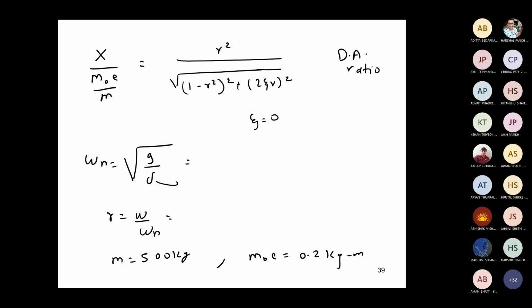Delta static is 60 mm, so 0.06 meter. You have R. Omega is how much? 2000 RPM into 2 pi divided by 60. So you have all the quantities. You have M0E, M, you know R square, zeta is 0. So find out X. Post your answers on screen.